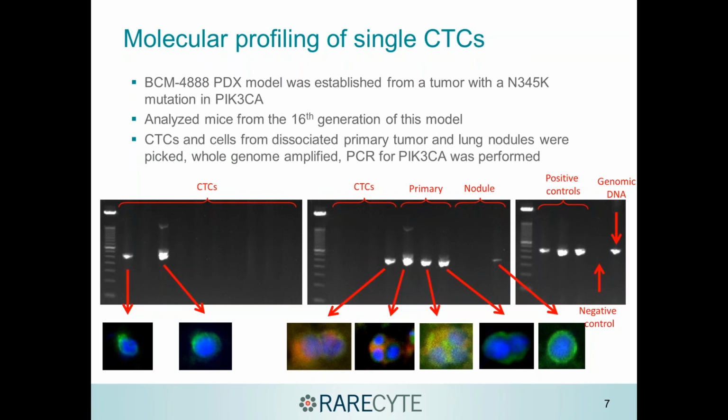We analyzed mice from the 16th generation of this model, and we analyzed 3 different types of samples: CTCs from circulation, primary tumor cells that were dissociated and spread onto slides, and lung nodules that were also dissociated and spread onto slides. Single cells were picked, whole genome amplified, and then PCR and Sanger sequencing for PIK3CA was performed.